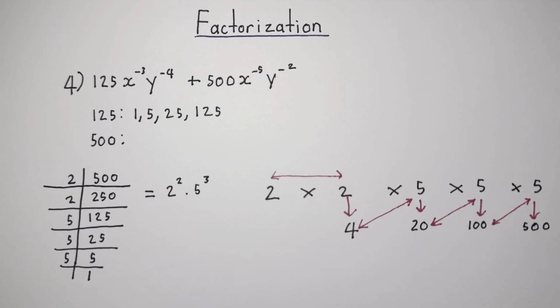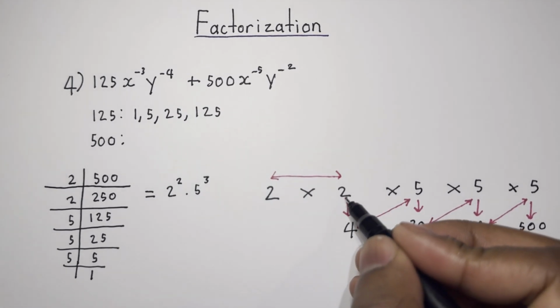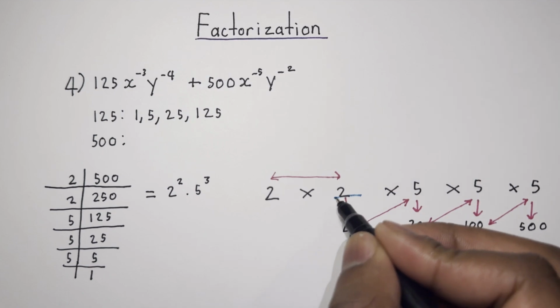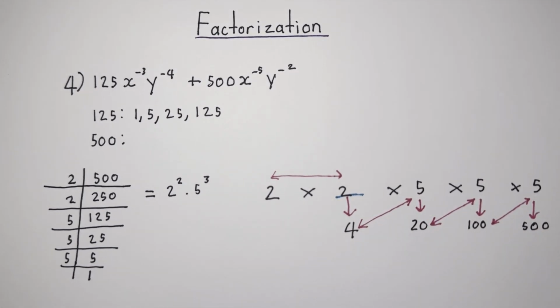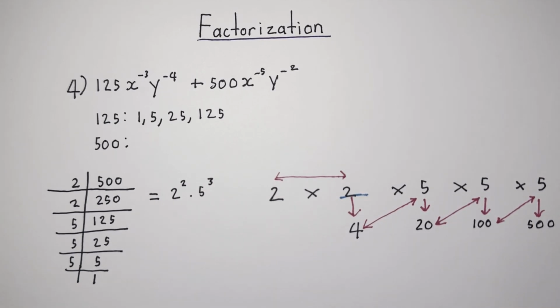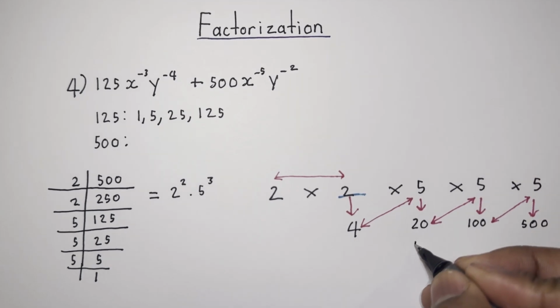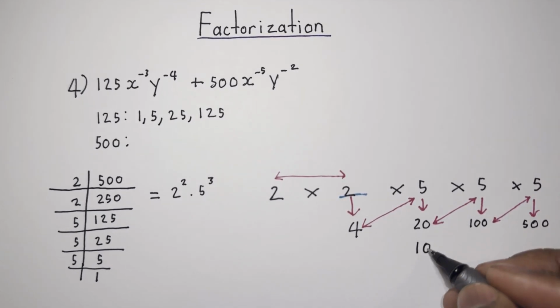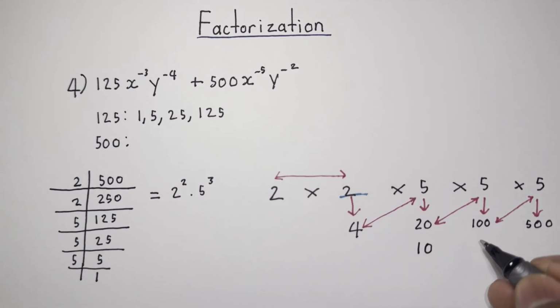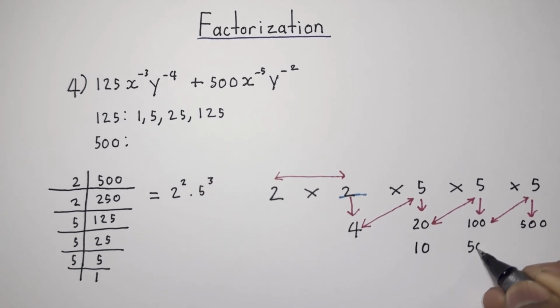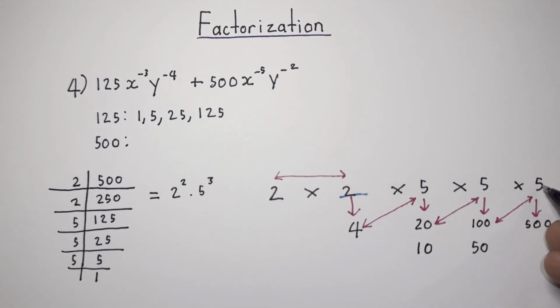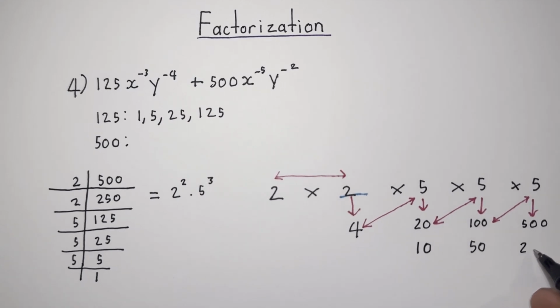Now we're going to move over to the other digit, which in this case is 2. 2 times 5 is 10. 10 times 5 is 50. 50 times 5 is 250.